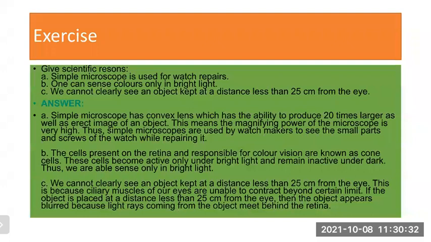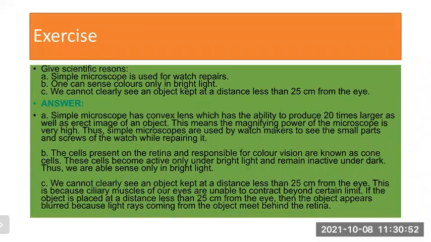Then let us see the next reason: we cannot clearly see an object kept at a distance less than 25 centimeters from the eye. What is the reason for this?